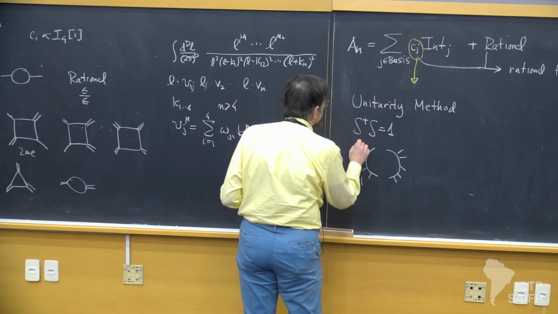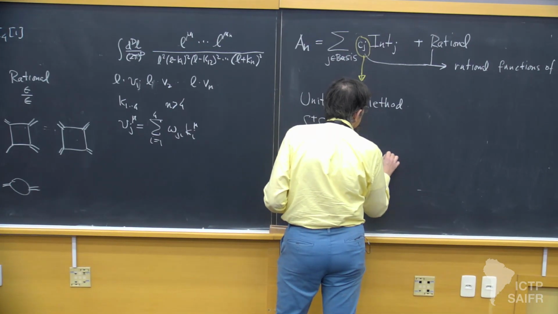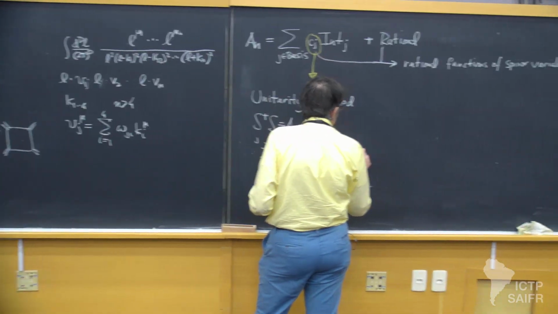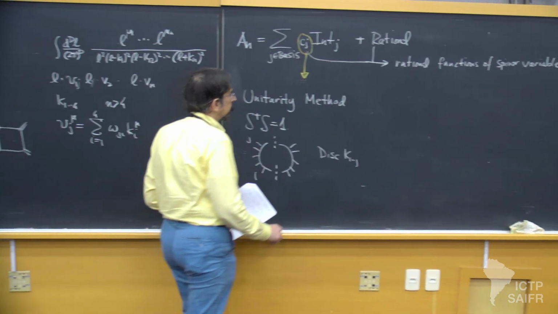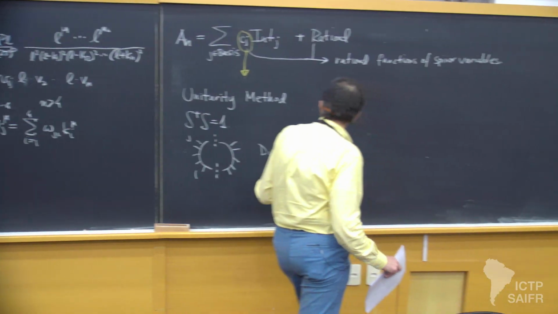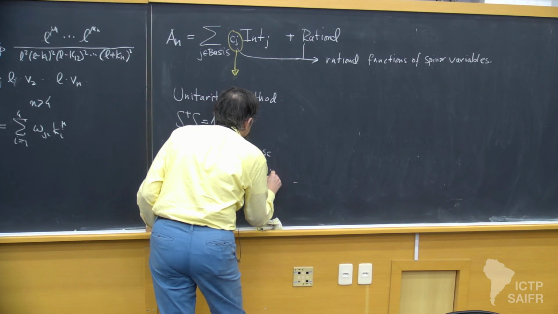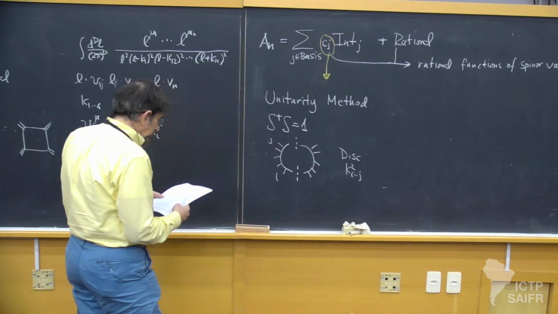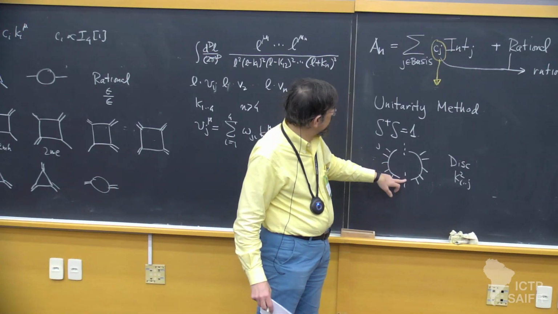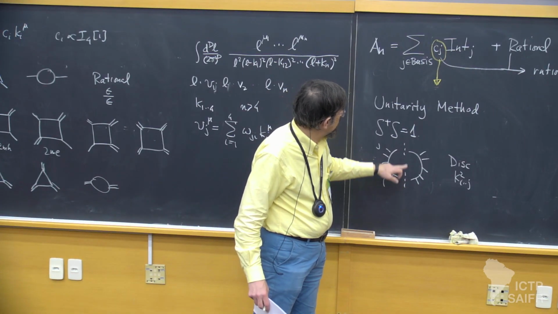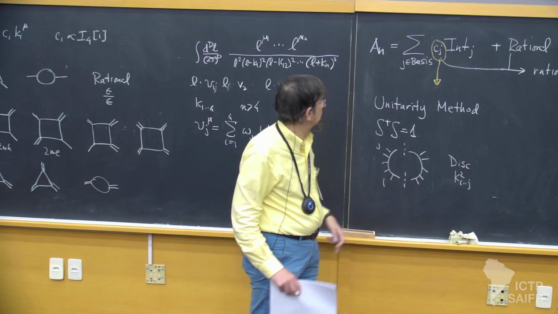So this would be, for example, the discontinuity in the i through j channel. What this amounts to doing is replacing two propagators by delta functions, putting these lines on shell.